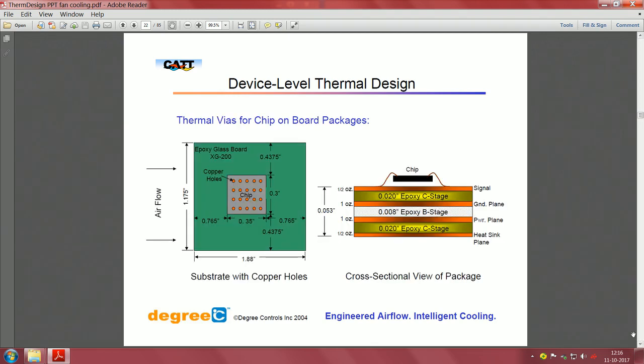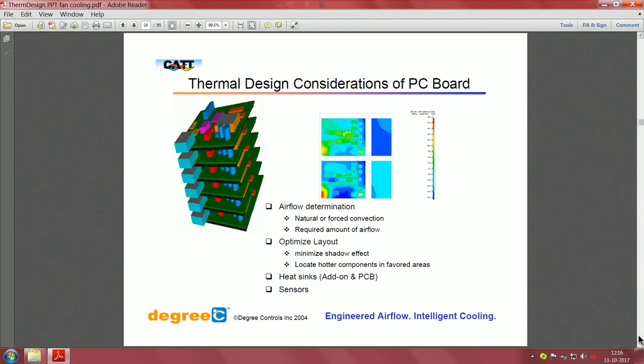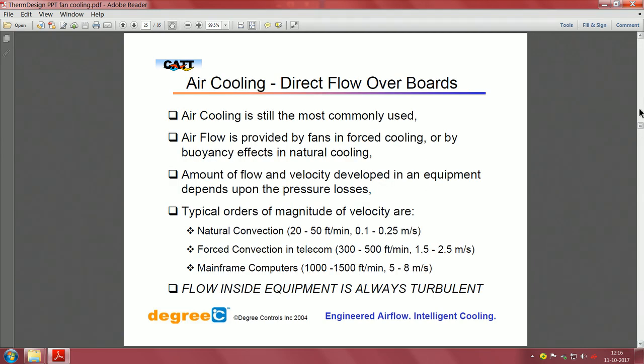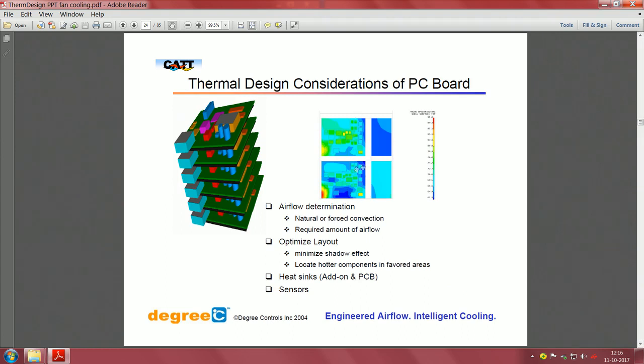So, for all these types of multiple lead packages, and consideration of a board, this is what I was talking to you about. It is nice to think, saying this is how it is.